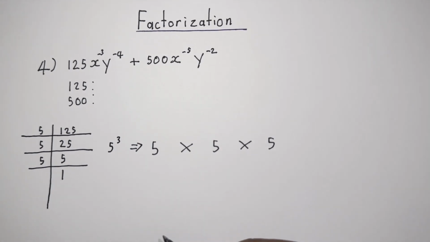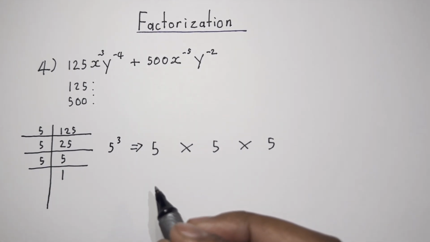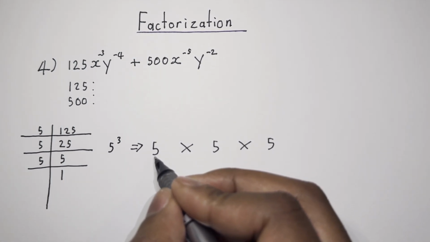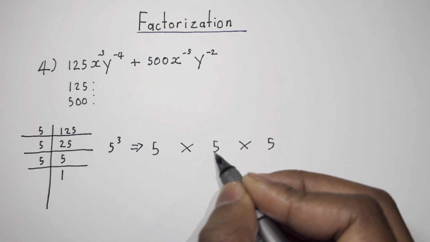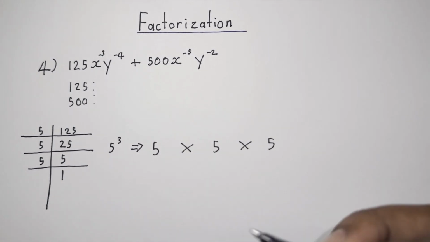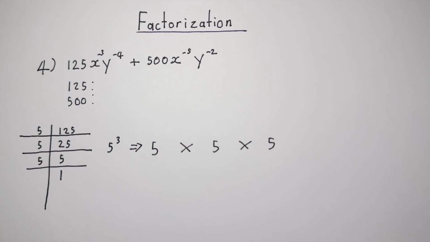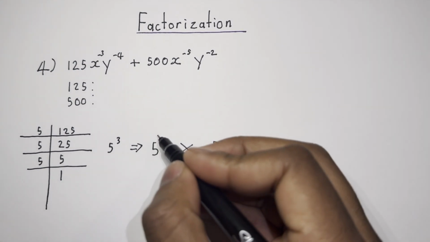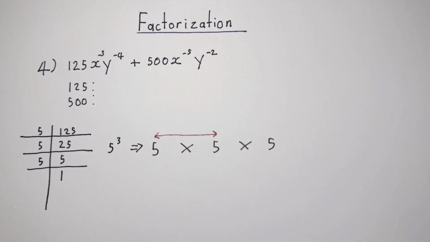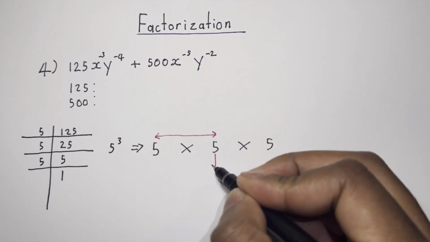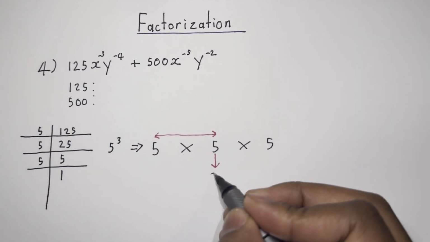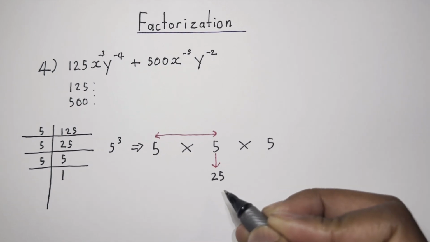Now look carefully. It is simple. You just have to follow what I'm doing. So we're going to multiply the 5 times this 5, and we're going to get 25. So 5 times 5 gives us 25.